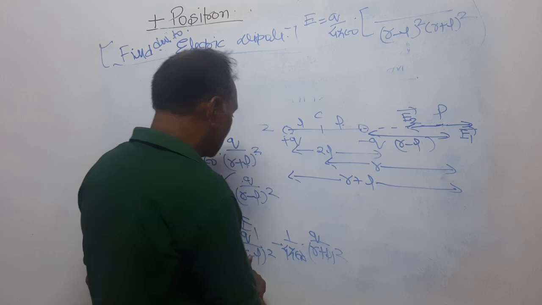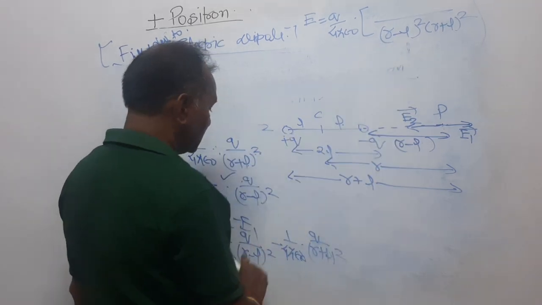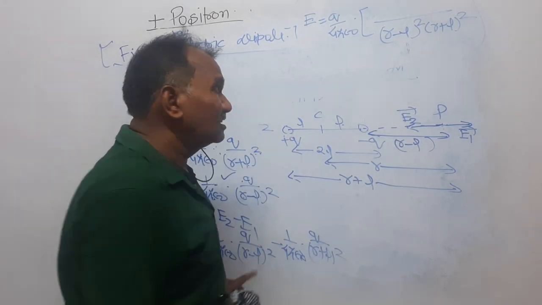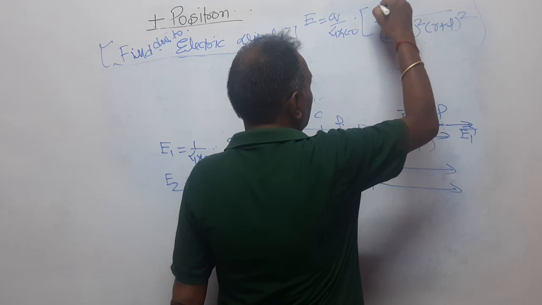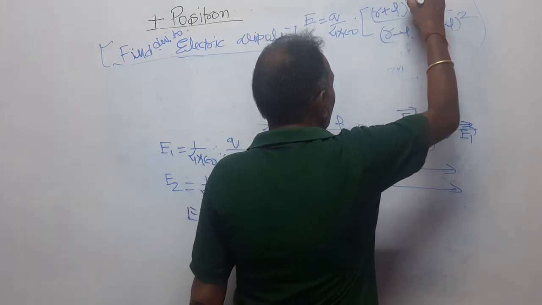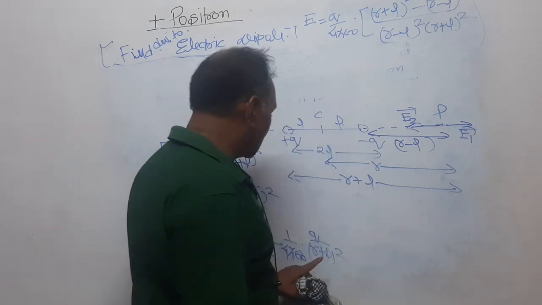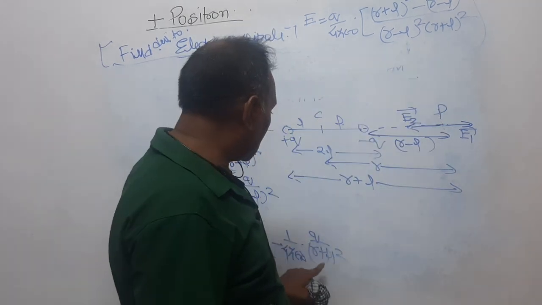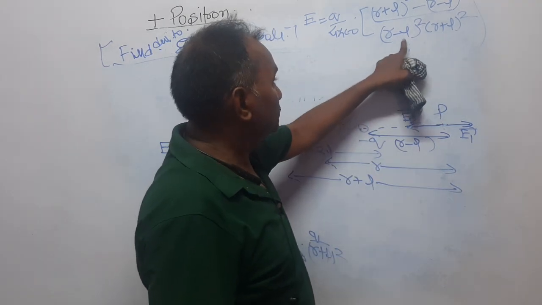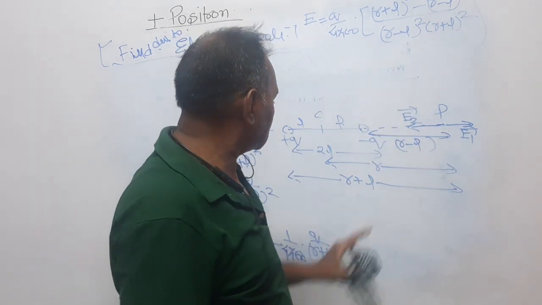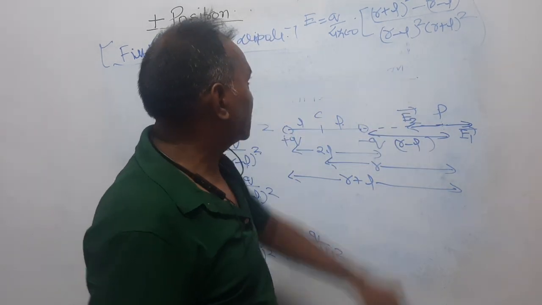And if you divide this term by R minus L whole square, you will be left with R plus L whole square and then minus R minus L whole square. Divide this term by R plus L whole square, so you will be left with R minus L whole square, multiplied by 1, you will get that.